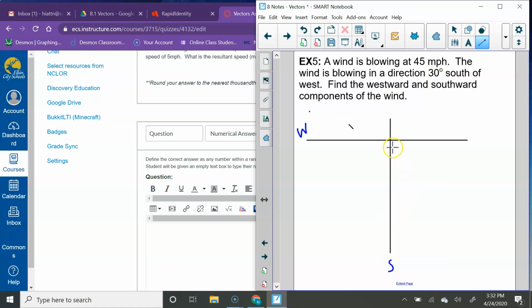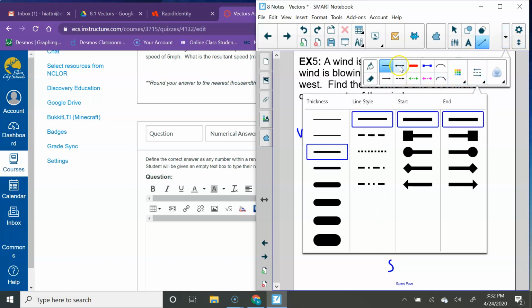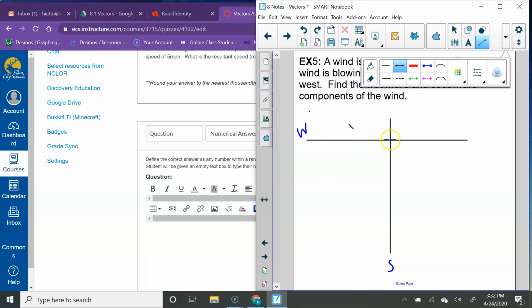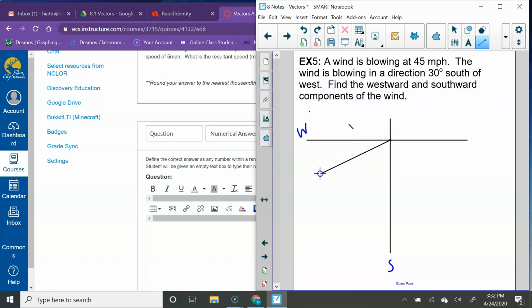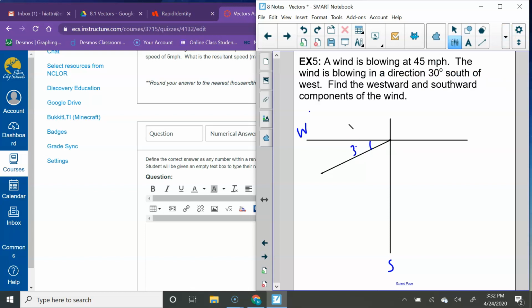West is our main direction, and our wind is blowing 30 degrees to the south of that. So you would have a vector that would look something like this, and this right here would be 30 degrees.